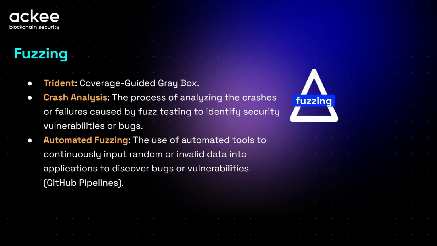And you can see the results in the pipeline. So you have automated fuzzing. If the pipeline finds a crash, you know that you have issues in your smart contract or in your application, and you can investigate it deeper.